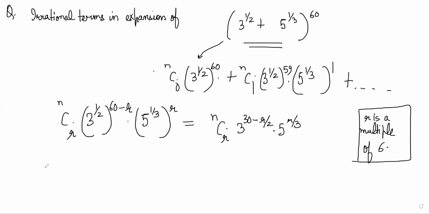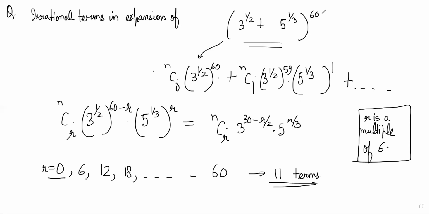So R is 0, and 0 is a multiple of everything. 0, 6, 12, 18, and so on till 60, right? So there are 11 terms. Total number of terms in the series is how many? 61. So 11 terms when everything becomes rational. So 50 terms when they are irrational, right?